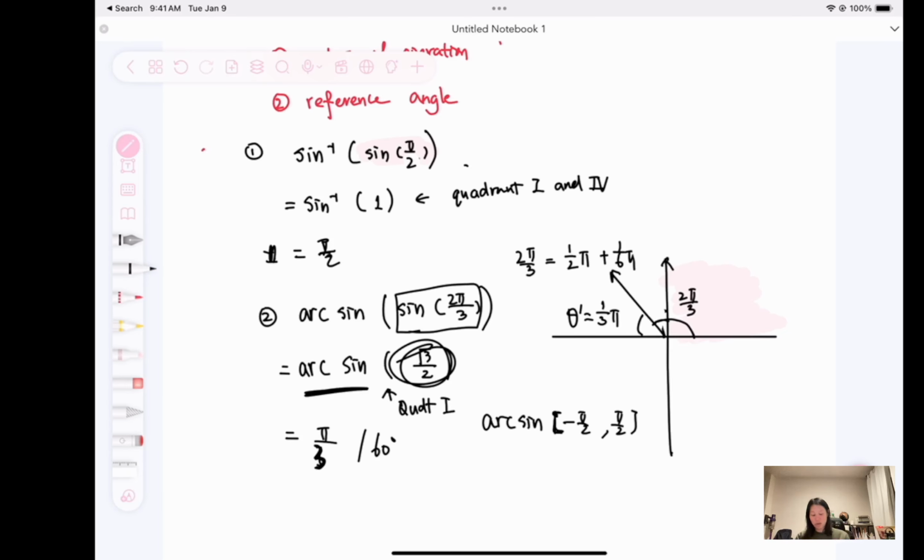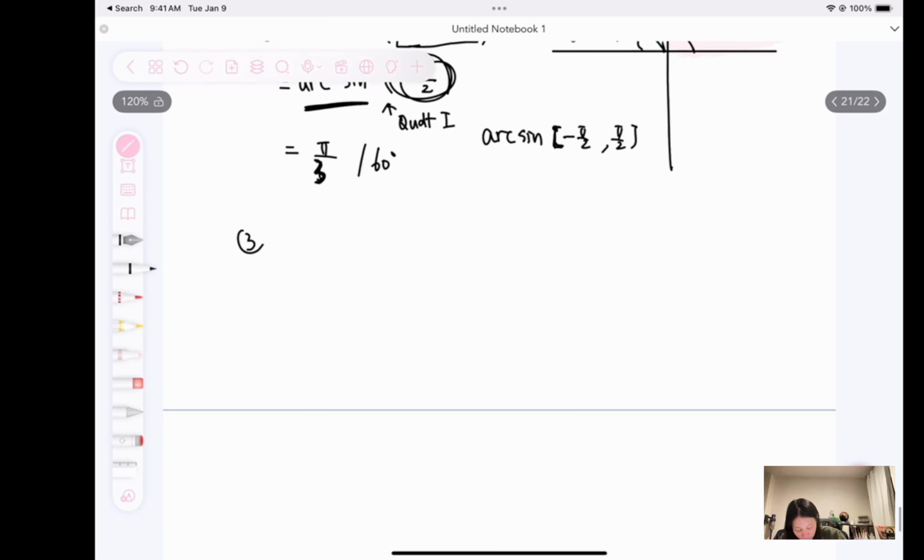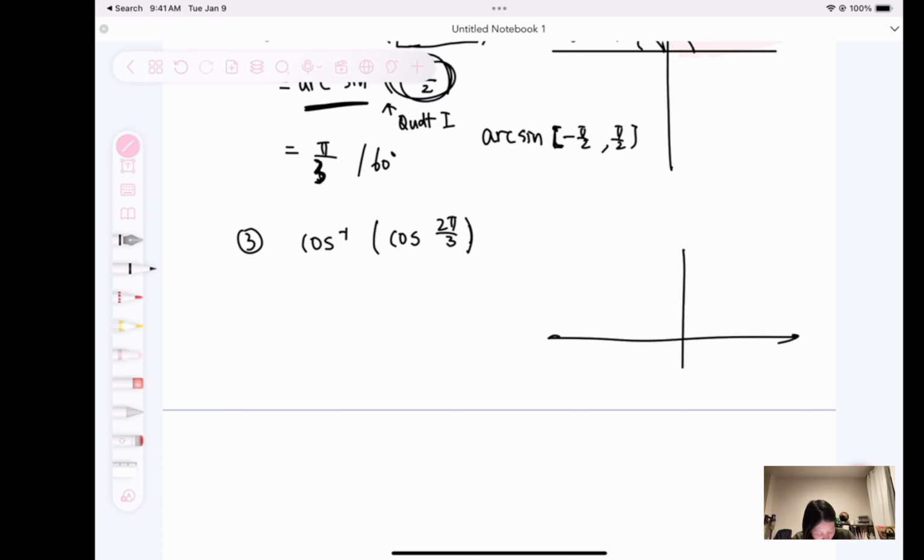Okay, let me show you a third example. For the third one, I have the inverse cosine composed with the original cosine of 2 pi over 3. Okay, follow the order of operations, which is we want to do whatever is inside the parentheses first.